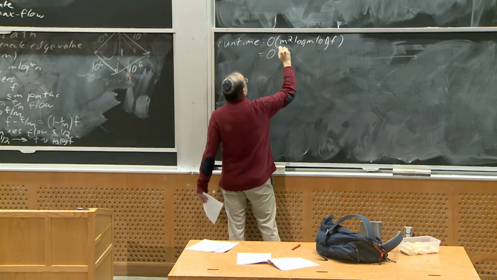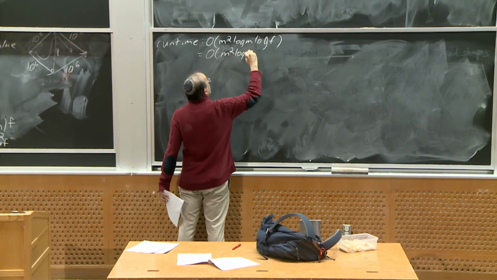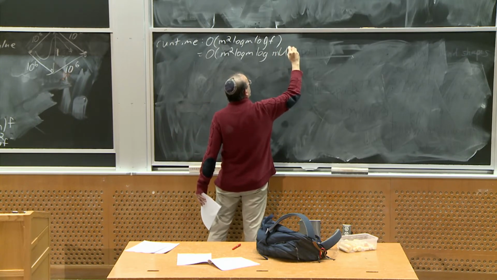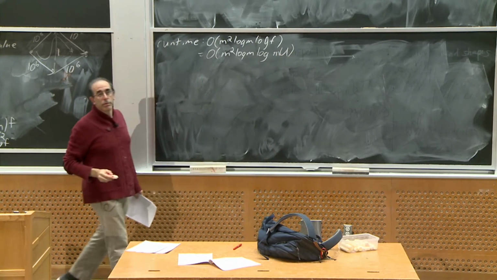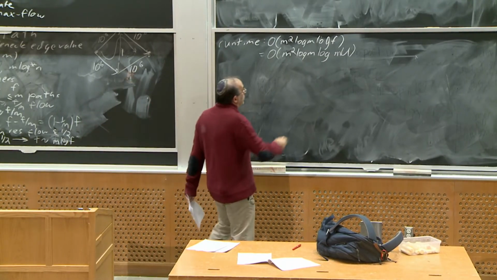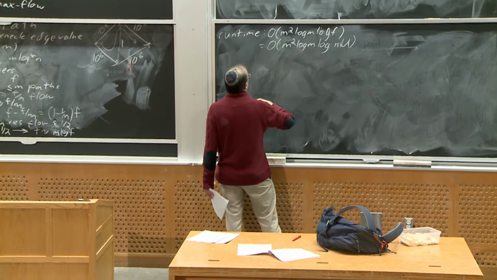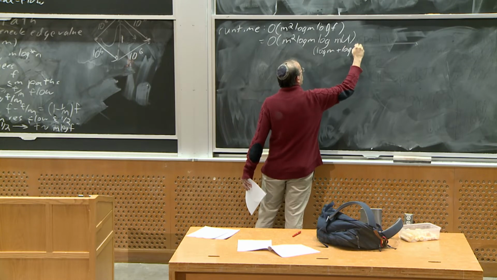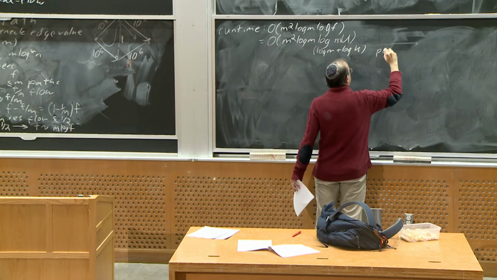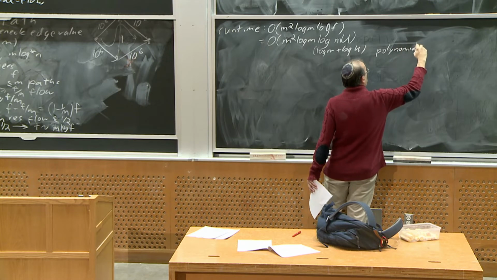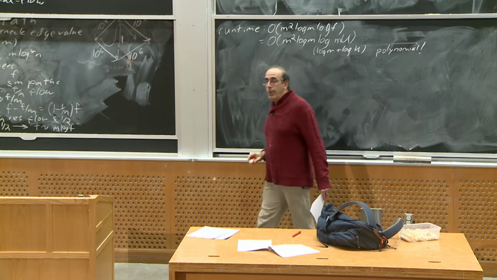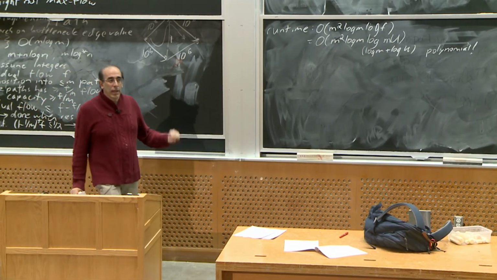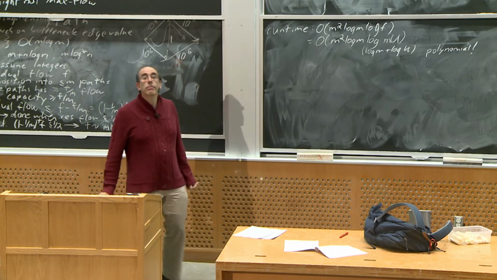So this is order of m squared log m log of mu. But that just pulls out another log m, and we're left with this log u term, right? So here we have log m plus log u. And that is polynomial, right? Because the number of bits that you need to represent u is accounted for in the size of the input. Yes?